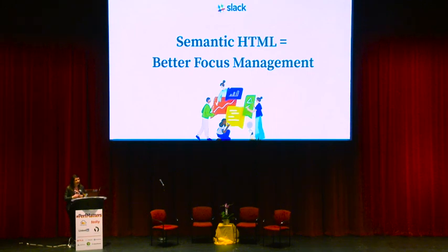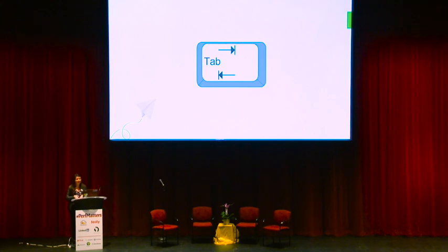So with that in mind, let's get started with one of the easier ways of making a website accessible in a performant way, and that's looking at using Semantic HTML for focus management. So focus management is how we make sure that your site is navigable by keyboard in a way that makes sense. For people in the accessibility world, there is a set of guidelines with all of the rules that you need to follow in order to make an accessible site called the WCAG, and they have a very dry description that I could read out about how we want to navigate sequentially, and the navigation sequences affect the meaning and operation of focusable components.